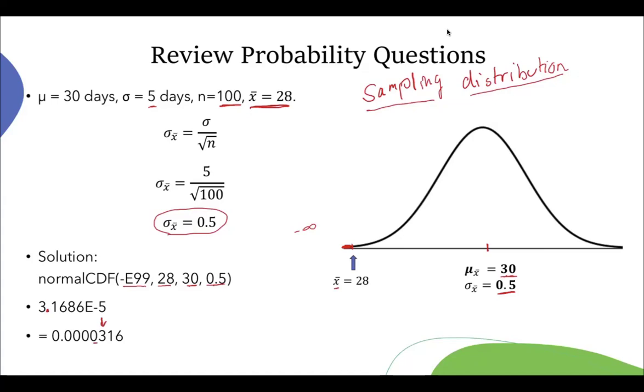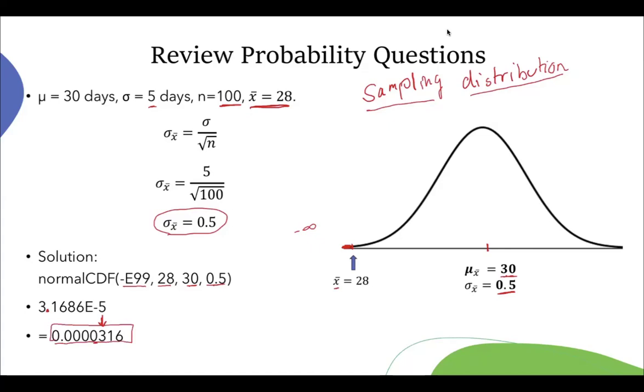So the answer to this question would be 0, if we were to need to round it. Looking at the actual number, though, we see that it's not actually 0. It's just a very, very small probability.